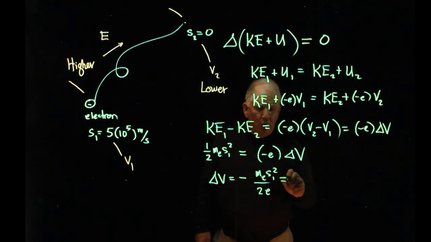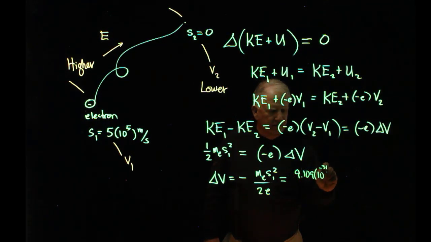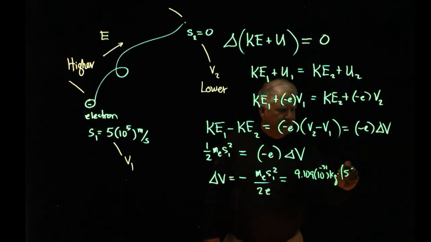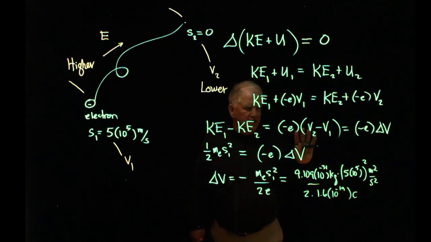And if you want to find out what number that is, we'll put in 9.109 times 10 to the minus 31 kilograms. We'll multiply that by 5 times 10 to the 5th quantity squared, meters squared per second squared. We'll divide by 2 times 1.6 times 10 to the minus 19th coulombs. Now just quickly, let's look at the units.